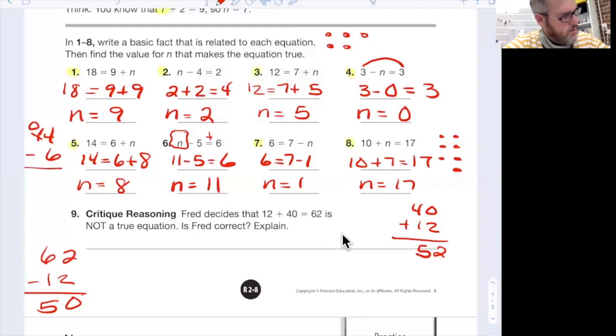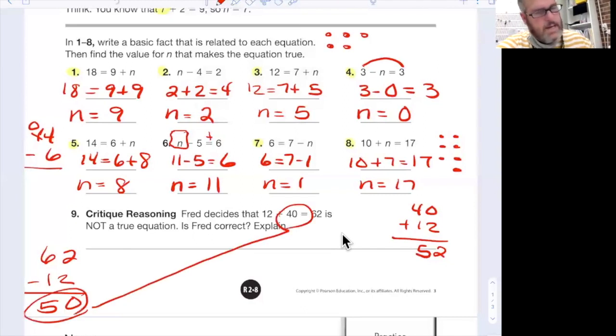Did Mr. Sandvik do something wrong? Oh, my 50 is not the same as 40. Mr. Sandvik didn't do anything wrong. It was Fred. Fred did his problem wrong because when we checked it with subtraction, 62 minus 12 equals 50, not 40. So use your own words and write a good sentence. You might need to use a compound sentence or a complex sentence to explain your thinking.